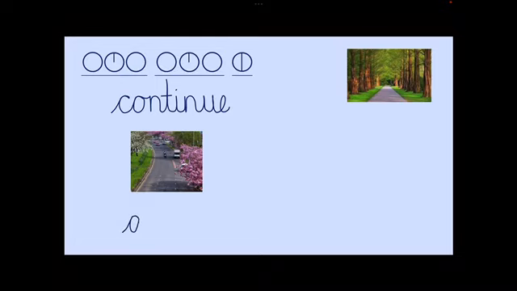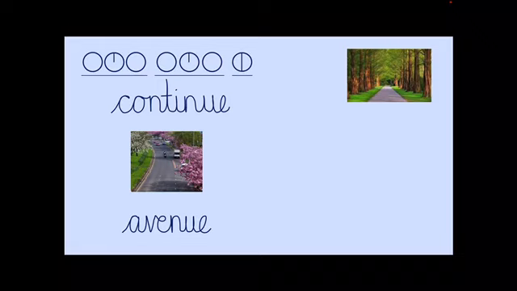And then with my teeth on my bottom lip, then, U at the end, avenue. And it has that same spelling. So we can really begin to rely upon it for a word that's got more than one syllable.